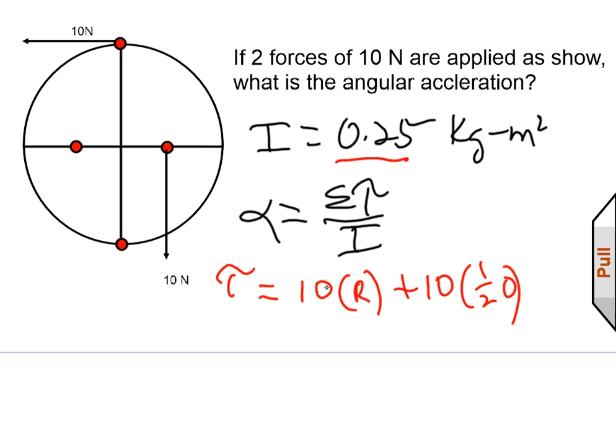So one of these torques is negative; we're going to choose counterclockwise as negative, so this one is minus 10. So this equals minus 10R plus 5R, which equals minus 5R.